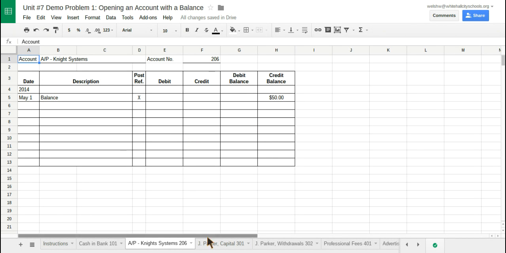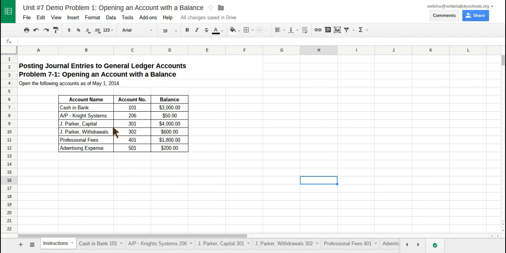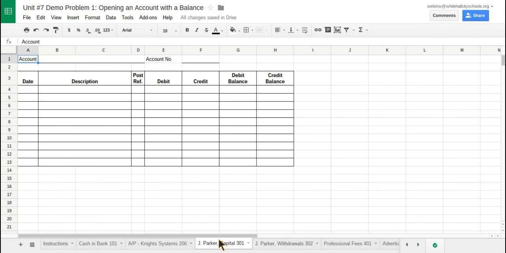Okay, so let's set one up right now. We have our third one. This one is blank. Okay, so we go to our instructions and we see J. Parker Capital, account 301, has a $4,000 balance. So if we set it up, account name is J. Parker Capital. Account number is 301.